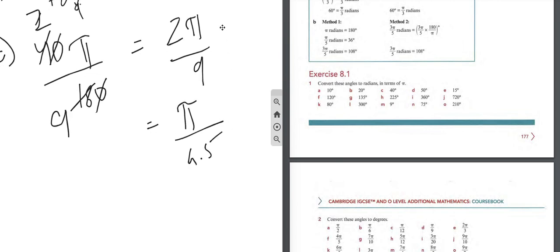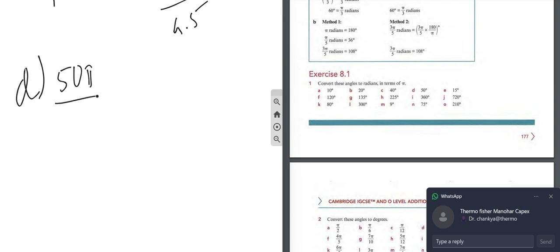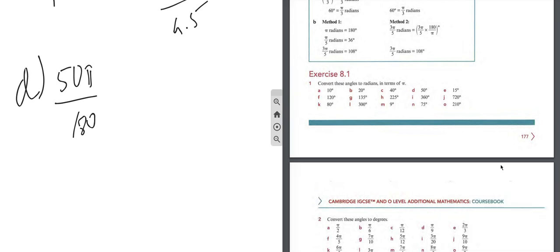Okay, now let's go forward. Now we have D part. D part is again 50, so 50 pi by 180. I think these questions are very simple and you might be able to do them because there's nothing very hard with them. They're mostly multiples of 5, so it is going to be easy. And 180 is also a multiple of 5, so it's very easy to solve.